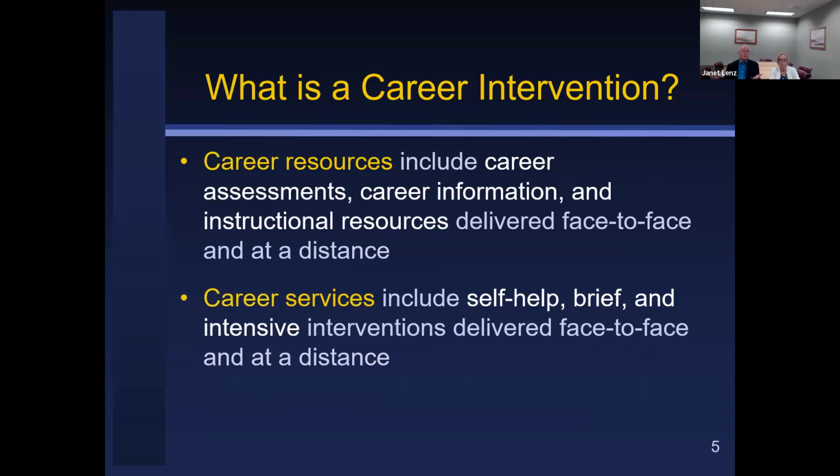These career resources include things that all of us are really familiar with: assessments, information, instructional resources, and services. They could be either self-help or the brief or intensive interventions that we deliver face-to-face or at a distance.